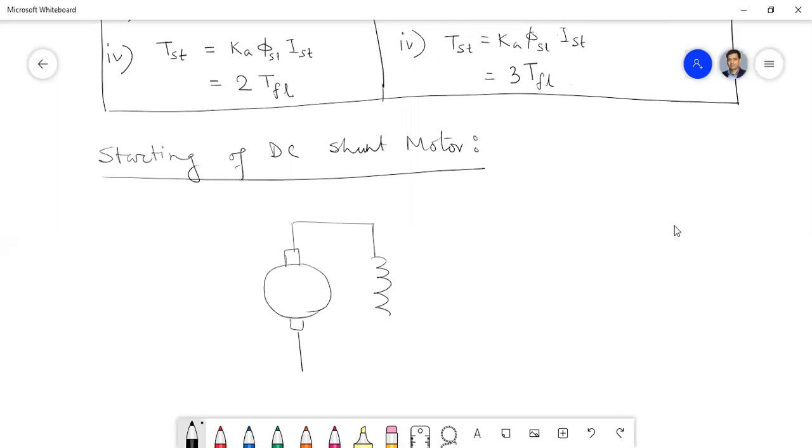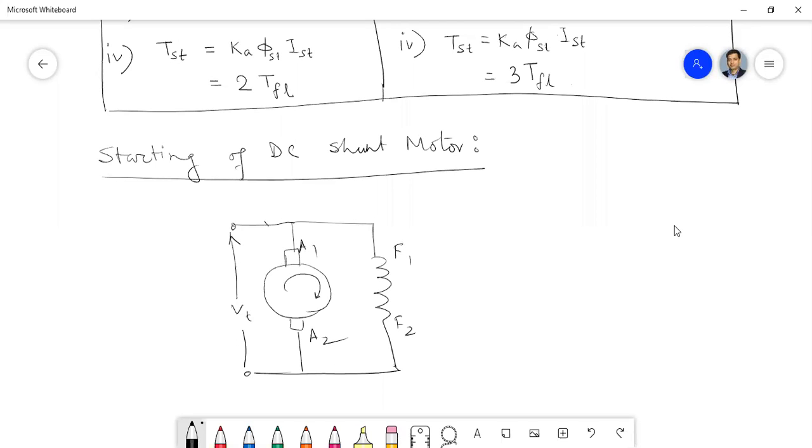So this is a DC shunt motor. These are the field terminals. These are the armature terminals. These are the supply terminals. And it rotates in this direction.